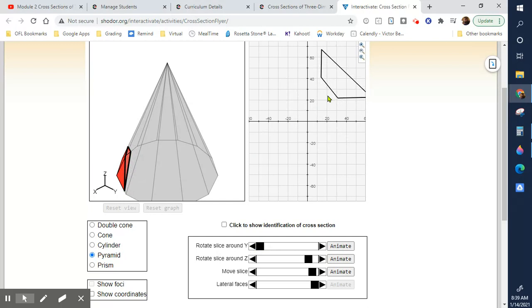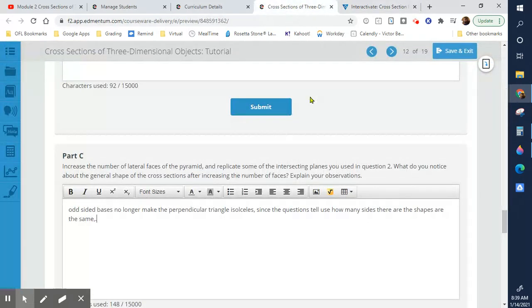The shapes are the same, with changes to the, I'm going to call it base angles, being smaller and the top angles being larger.